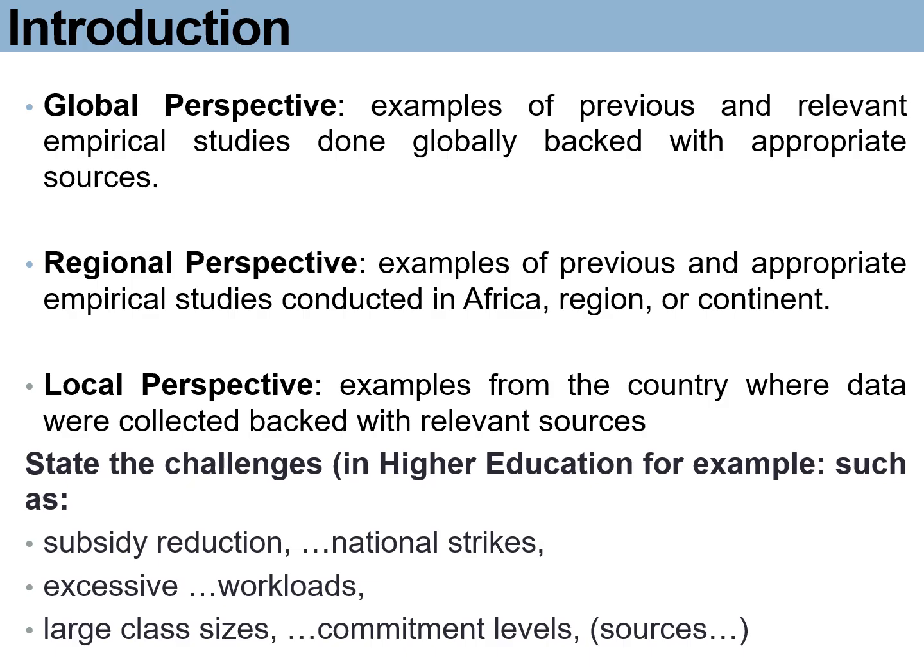Then after that, you look at the regional perspective. You just highlight the point, and these are examples of previous and appropriate empirical studies conducted in the Africa region, or your region, or the continent. Then the local perspective, these are the examples from the country where the data were collected.